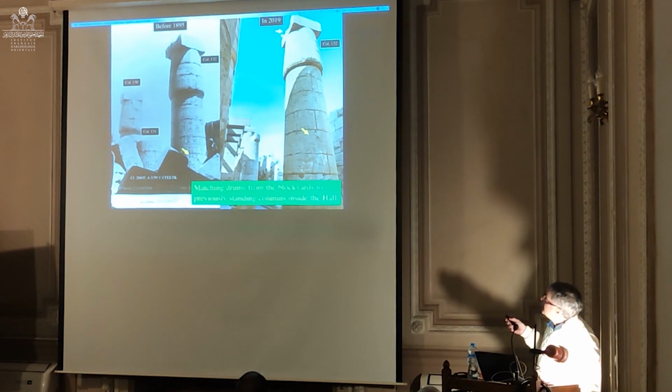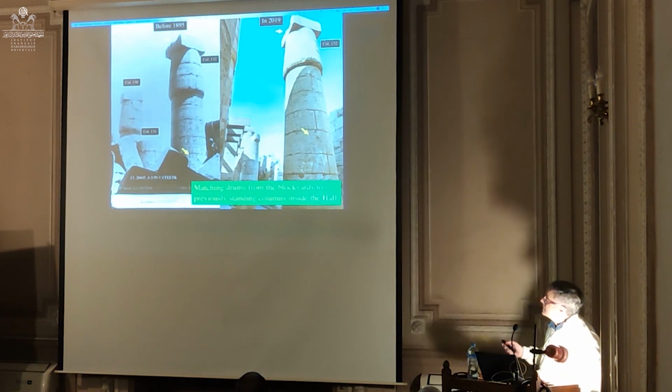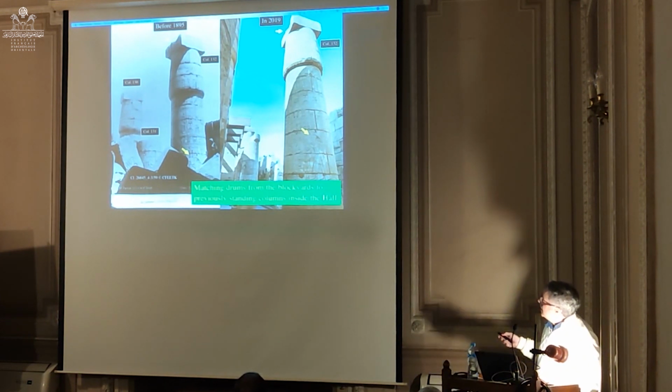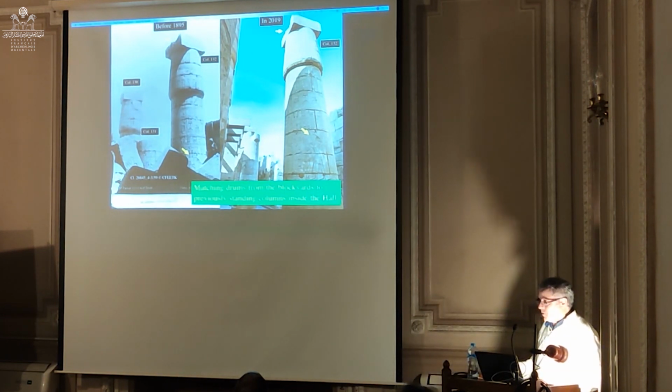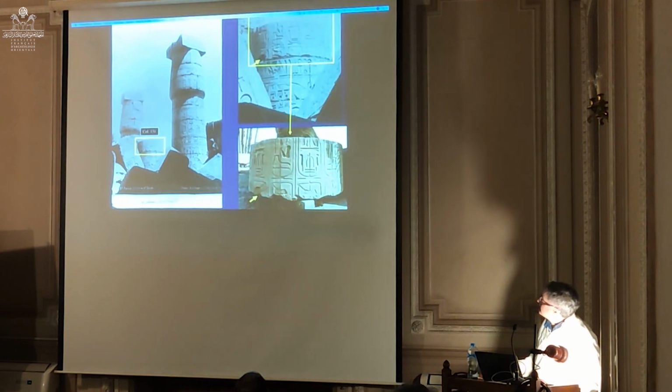So you have here, let's say, identical characteristics, whether the king or the break on the abacus. But on these old pictures, you also have part of the column here, 131, the one we number here 130, that are no longer standing today.